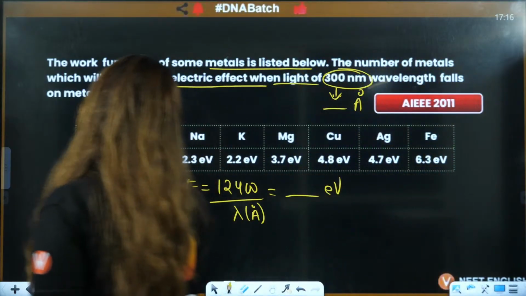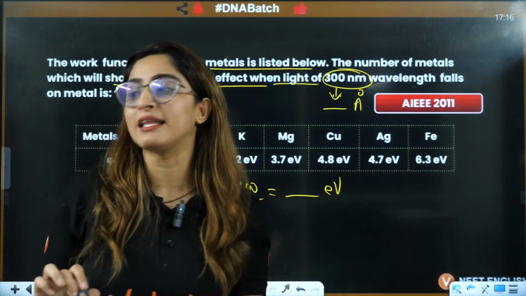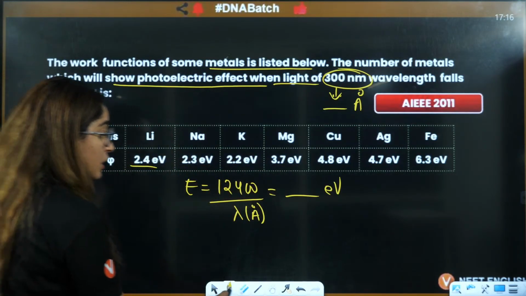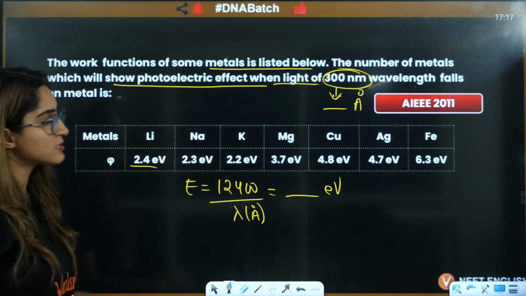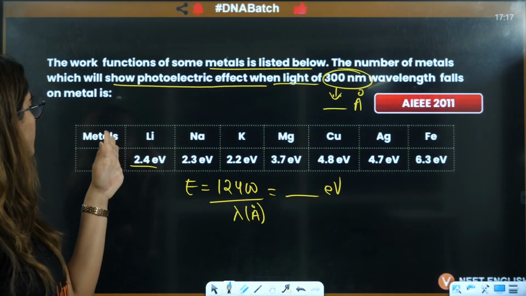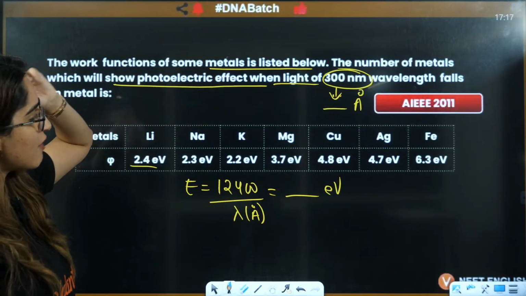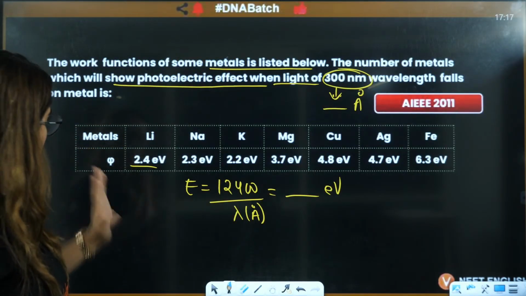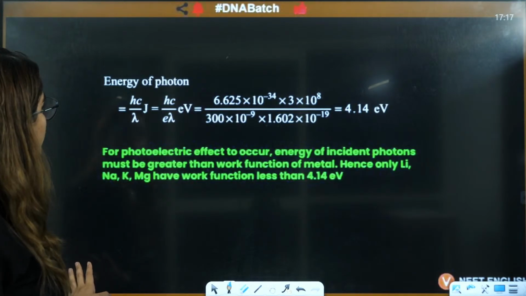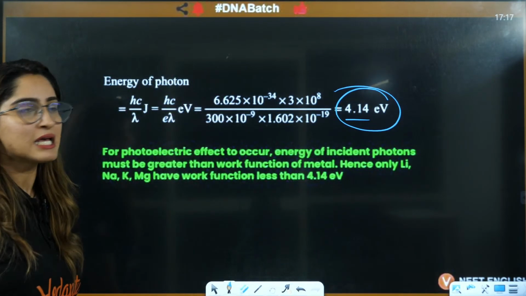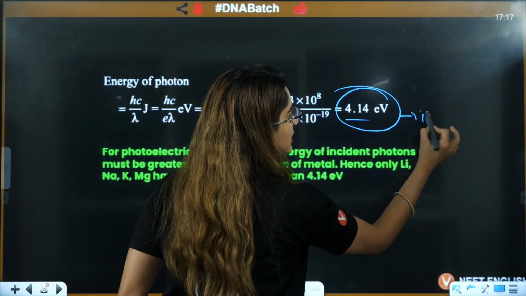Now, those energies which are greater than this value, that means, sorry, this is the work function. Those energies which have value less than this, right? So let's see, the energy is coming out to be this one. This is the energy of the incident photon, the energy of the incident light.